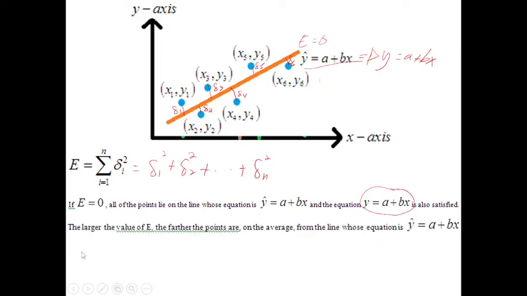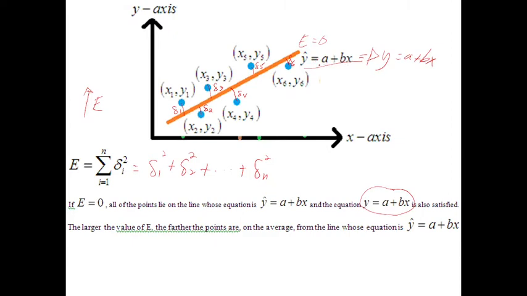So, the larger the value of E, the farther the points are on the average. So, on the average, pagka yung E natin ay super laki, in general, masasabi natin, yung mga points na to na x1, y1, x2, y2, hanggang x6, y6, pag yung E ay malaki, masasabi natin na malayo sila sa line na to, na y hat equals a plus bx.